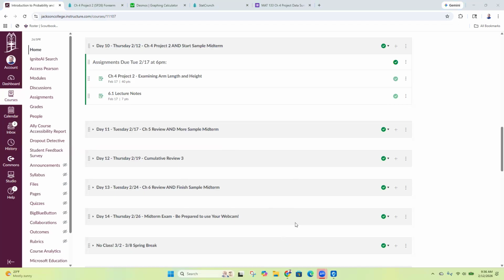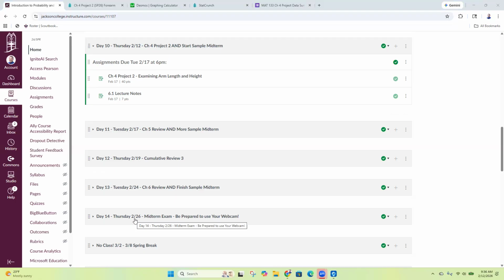So there's two ways to take the midterm. The first is you can take the midterm at the testing center on Jackson College campus. If you do it at the testing center, then you can take it Tuesday, Wednesday, Thursday, or Friday of that week. So you can take it Tuesday the 24th, 25th, 26th, or Friday, February 27th.